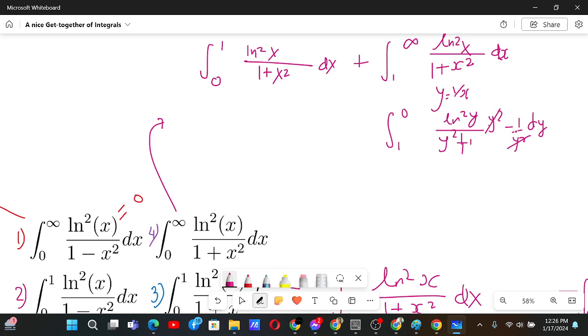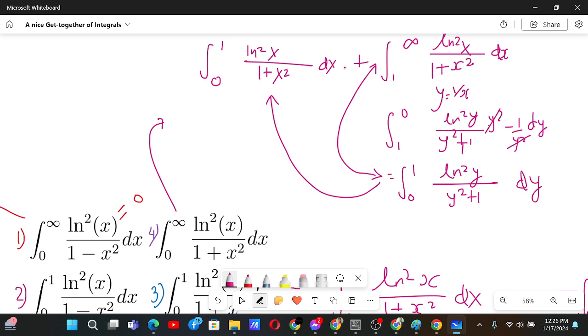Y square cancels out, and minus 1 changes the integral to from 0 to 1 again. Ln square y by y square plus 1 dy. So you see, this integral is actually equal to this, and this one is the same as this integral. So these two are actually equal.